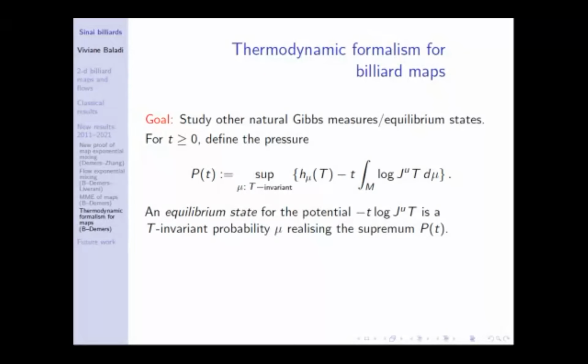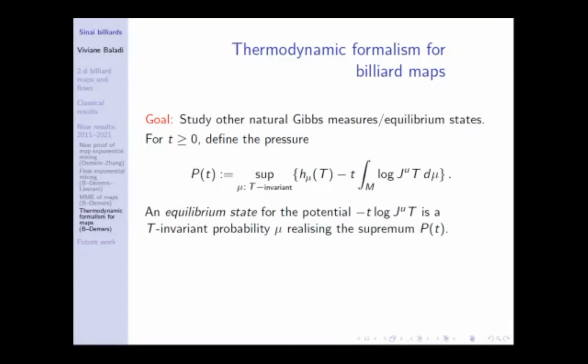So I'm looking at the measure of maximal entropy. If I put t equals 1 here, by something called the Ruelle inequality, or maybe the Pesin formula, I don't remember, a classical formula in dynamics, you are going to get the measure which is absolutely continuous with respect to Lebesgue. So what we do now is we interpolate between these two.